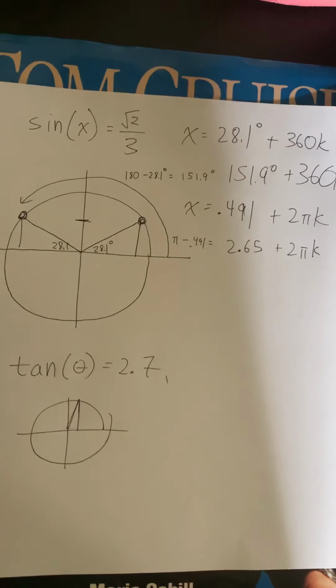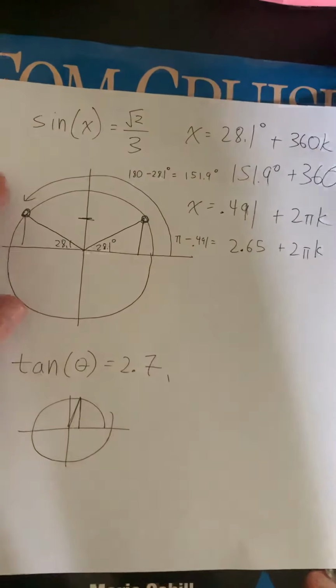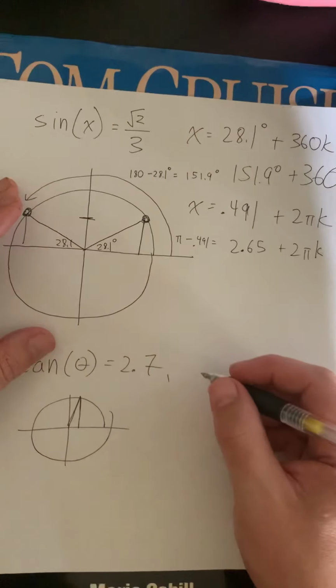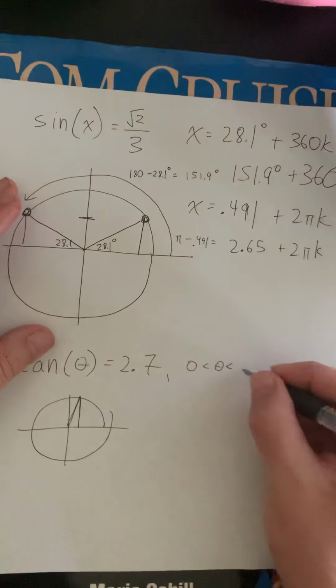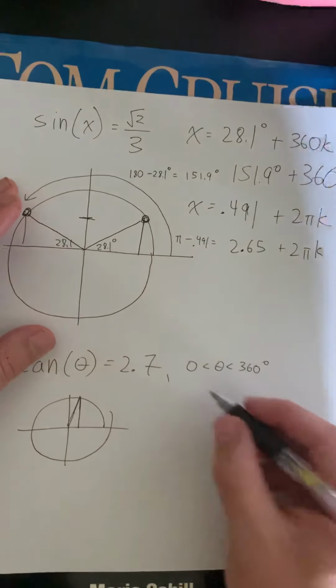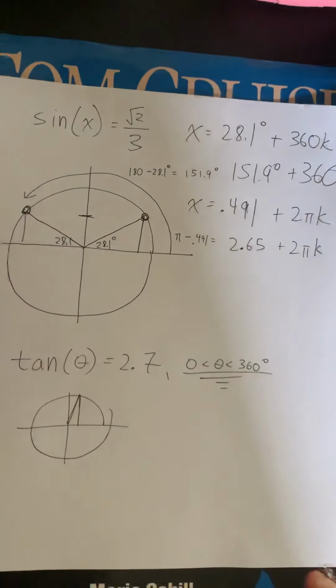They'll give you a little window on the domain where they just want the answers that exist in between the values they give you. And I know this video is long, guys, but I'm trying to hit you every detail possible. So we'll say on this one, I'll just make it simple, between 0 and 360 degrees. That's how they'd say it, like that, using an inequality.